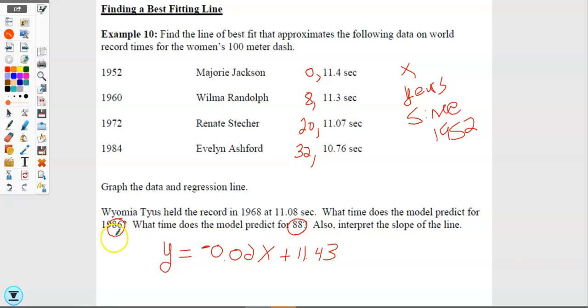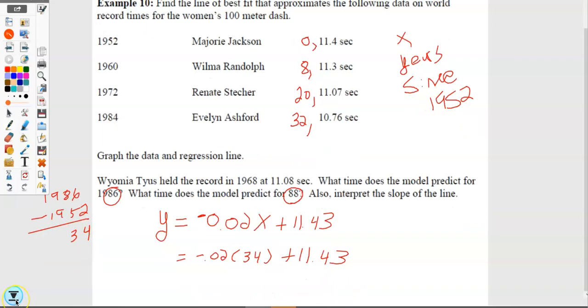So it asked me to make the prediction in 1986. Again, we have to figure out what our x value is. So 1986 minus 1952 is going to give us 34. To find that value, I'm going to do negative 0.02 times 34 plus 11.43.